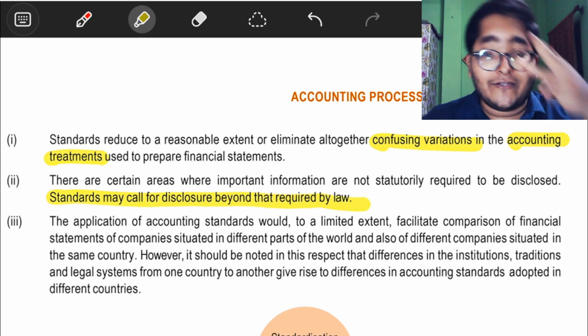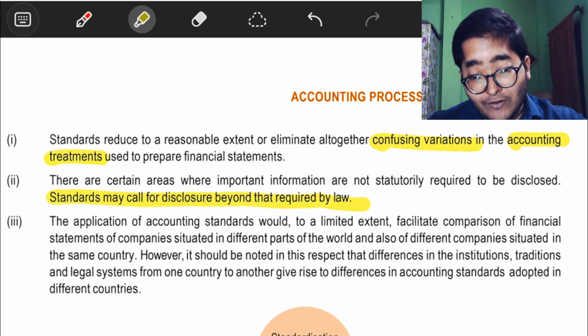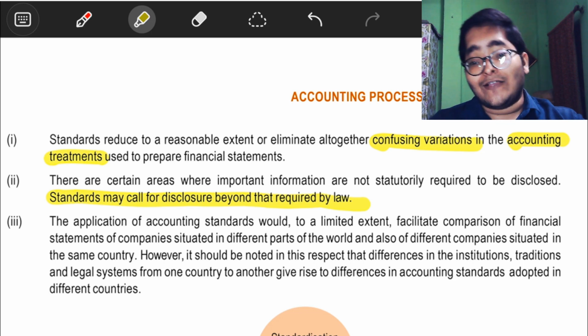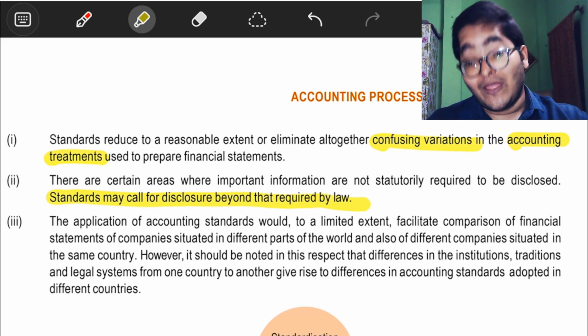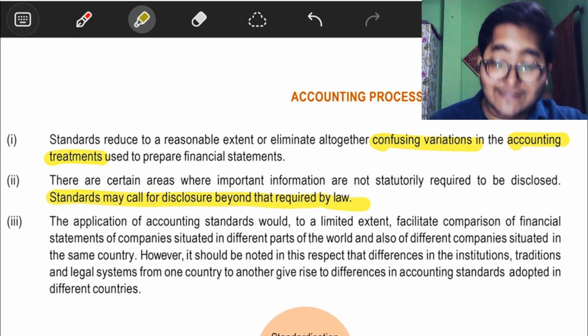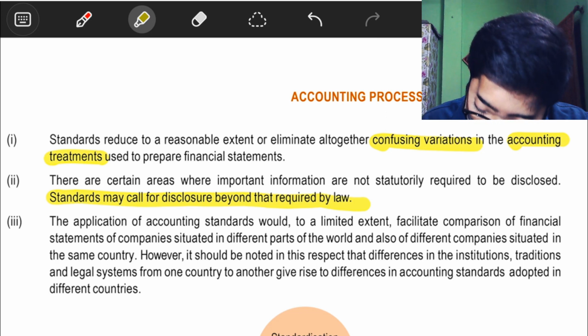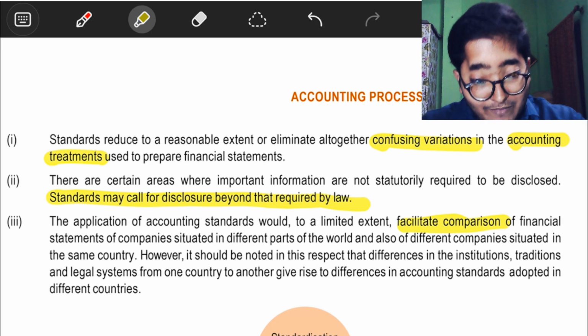Number third point, the application of accounting standards would to a limited extent facilitate comparison of financial statements of companies situated in different parts of the world and also of different companies situated in the same country. So facilitate comparison. This is the gist.